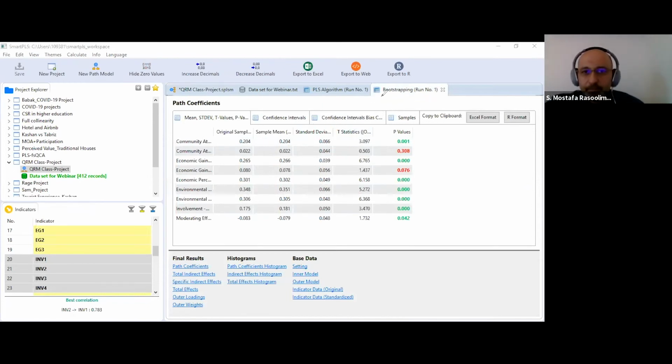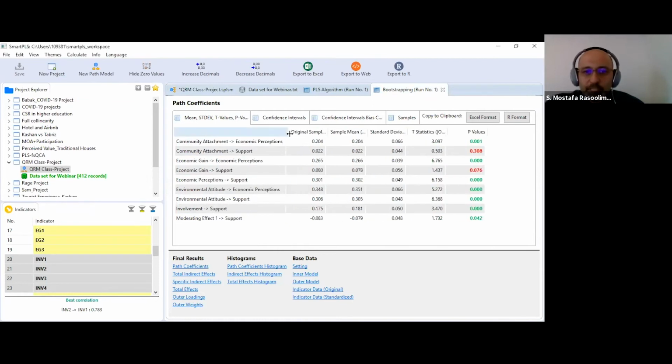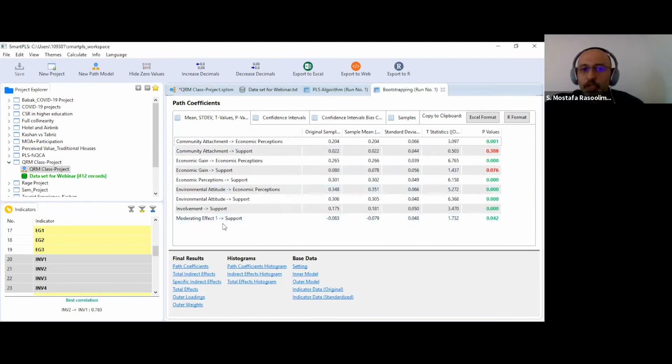Okay, what we want to check is this moderating effect on support, this interaction effect, right?